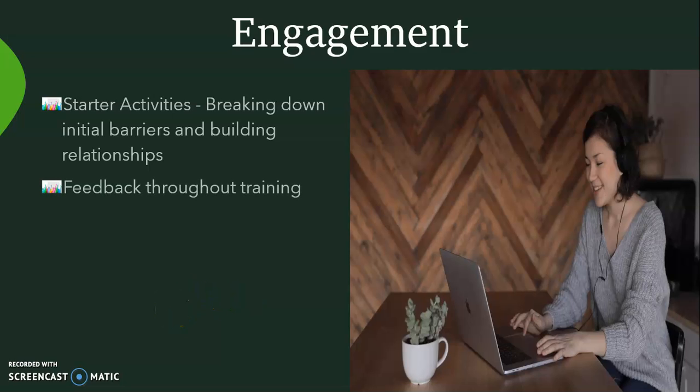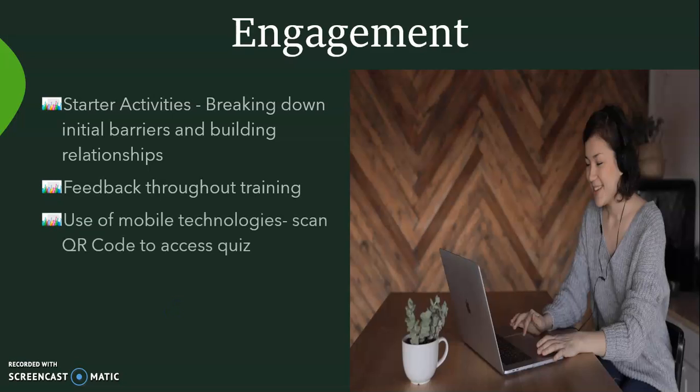I also included feedback. Feedback is very important to engagement, and so a short feedback form was placed at the end of each subtopic. Mobile devices are everywhere, and so I included that in the lesson design. Students could scan a QR code to access their quizzes at the end of each subtopic.